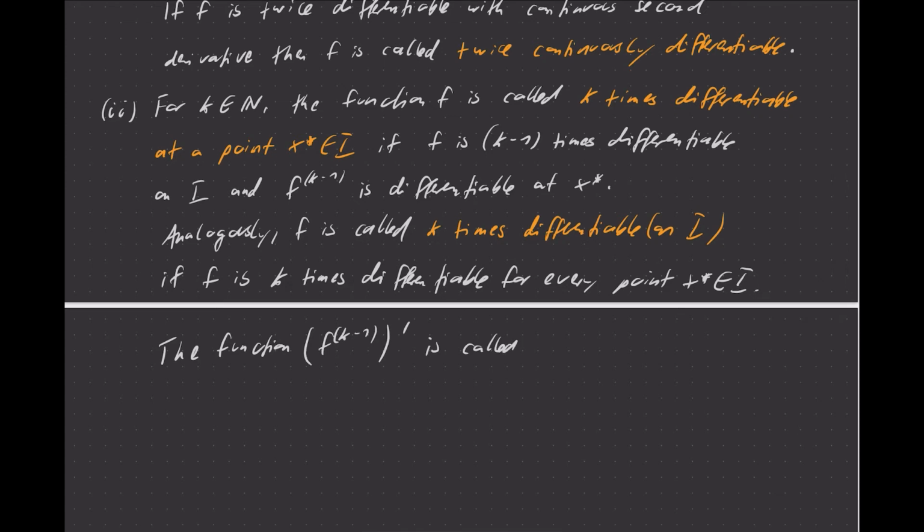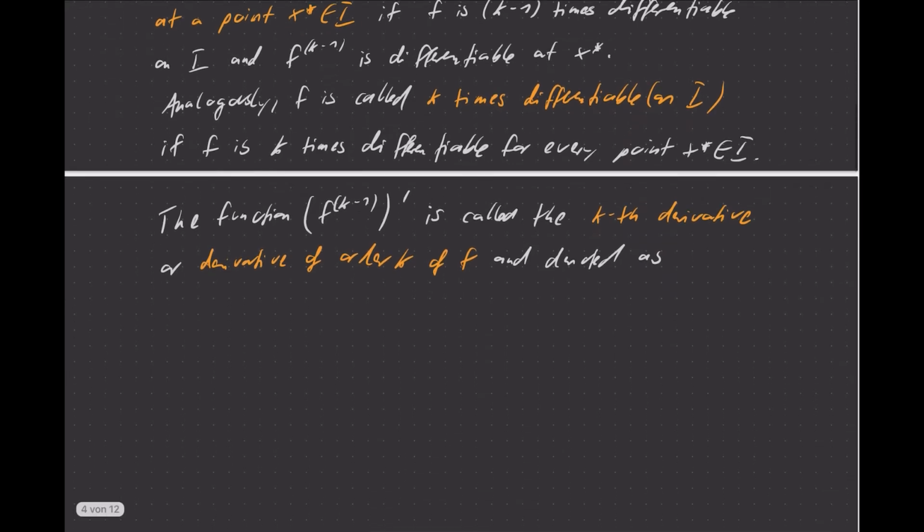This is called the kth derivative, or alternatively derivative of order k of the function f, and denote it as, well, usually for arbitrary k you just use this notation here, f to the kth order, or of course you can also use d^k/dx^k of f, or variants of that one.